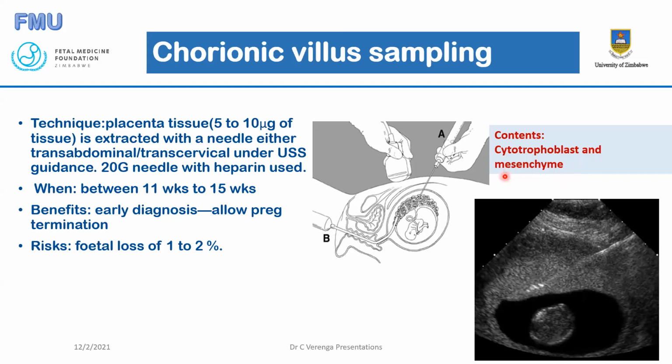So that means the sample from CVS allows direct examination because we already have cells that do not need culture. That is the cytotrophoblasts. The only challenge is that these cytotrophoblasts are filled with division errors because they are multiplying a lot, so a direct examination should always be followed by proper culture of the mesenchyme.